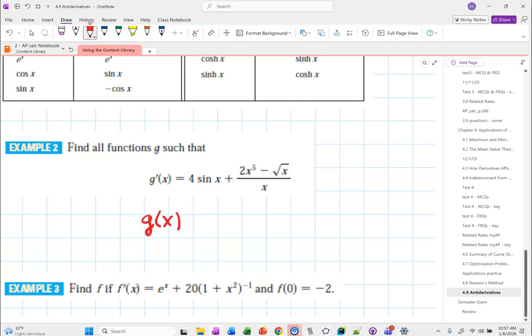So my recovered function g of x, what's the antiderivative of 4 sine x? Like 4 times negative cosine x, right? Or negative 4 cosine x would be fine. I'm just going to write it this way to start, because if you're going back and looking at your notes, I want it to be clear.